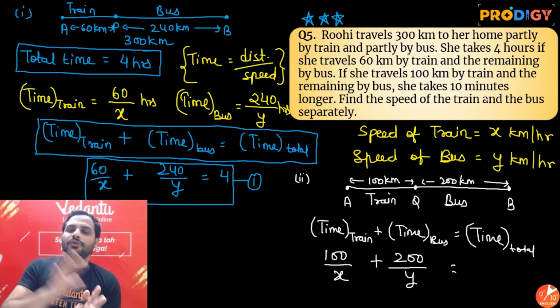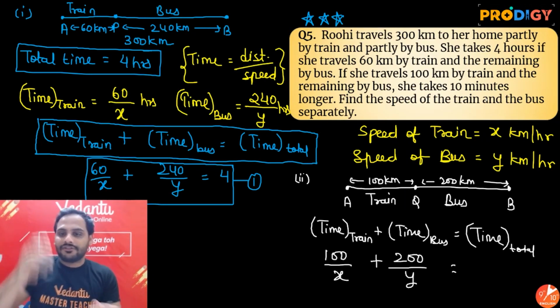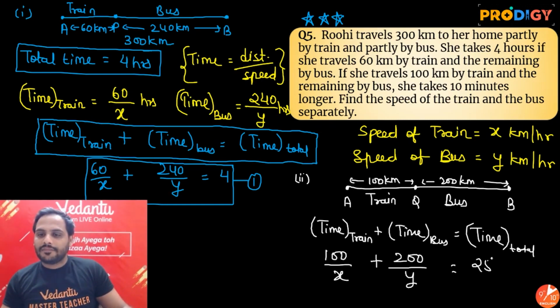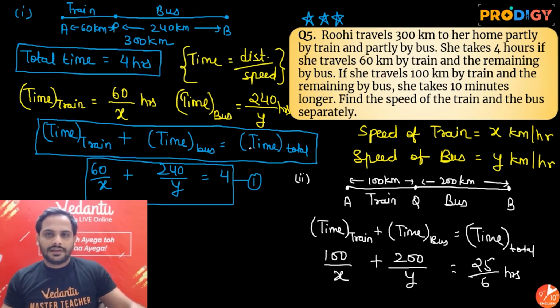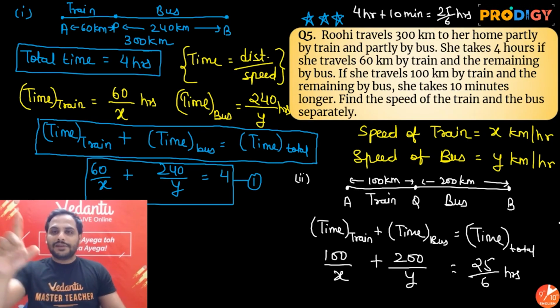If I convert 4 hours plus 10 minutes into the hours form, it will be 25 by 6 hours. Okay, 4 hours plus 10 minutes, I can write it as 25 by 6 hours. Guys, do let me know how it came.